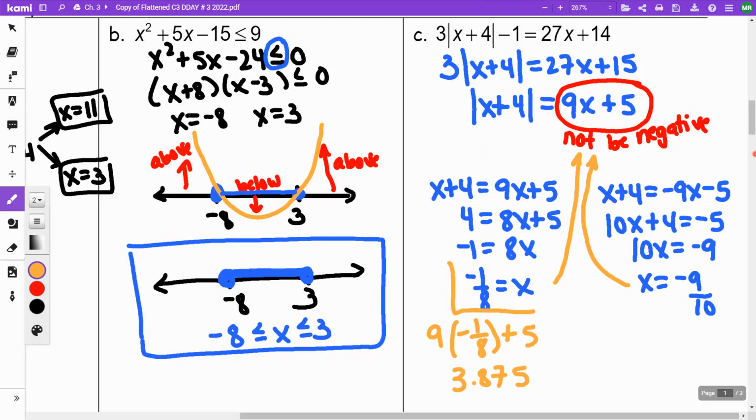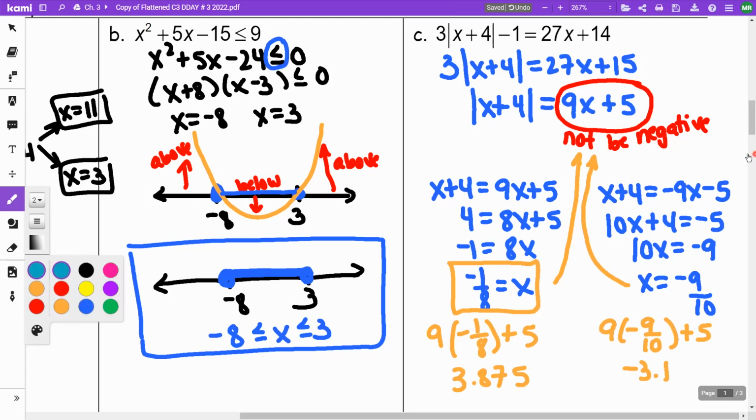So this one is going to be an answer. And when I take 9 times a negative 9/10 plus 5, I end up with a negative 3.1. So that one is not going to be an answer. So only negative 1/8.